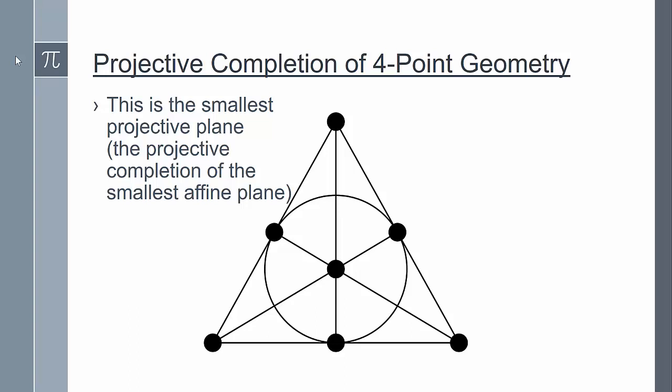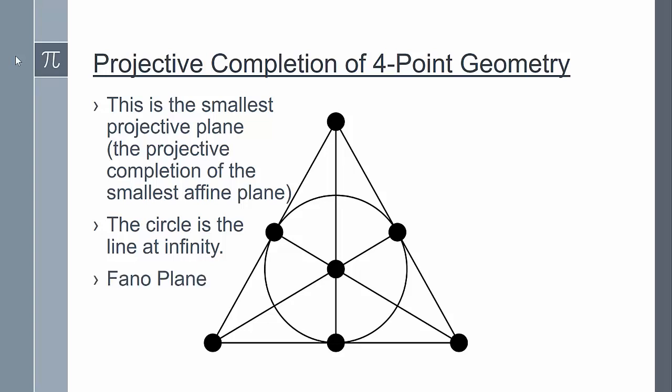So this is the smallest projective plane. And we can think of the circle in the middle as the line at infinity, and the points that lie on the circle are the points at infinity. Now, this model is often called the Fano plane in honor of Gino Fano, who worked with finite geometries in 1892.